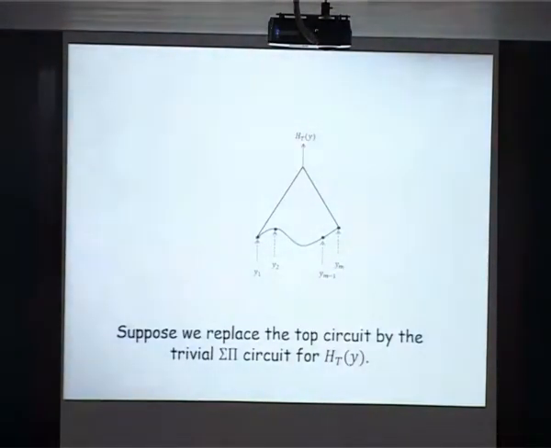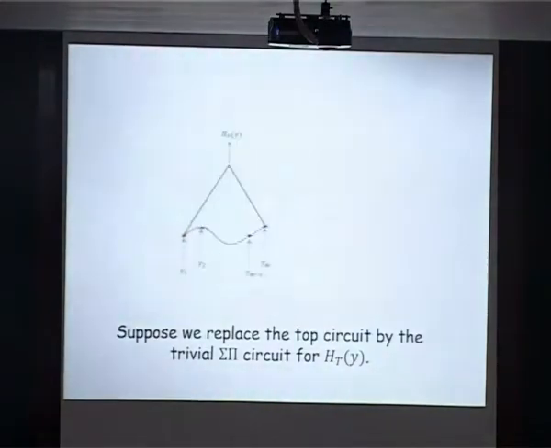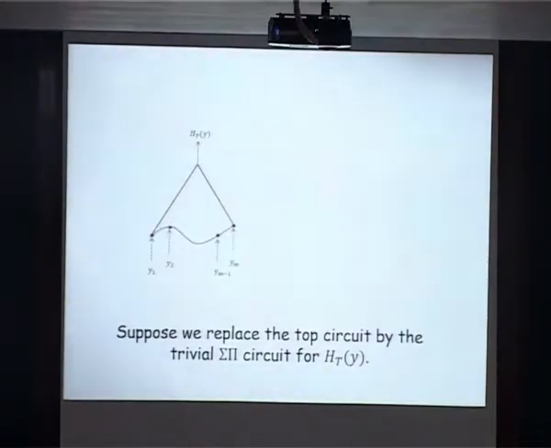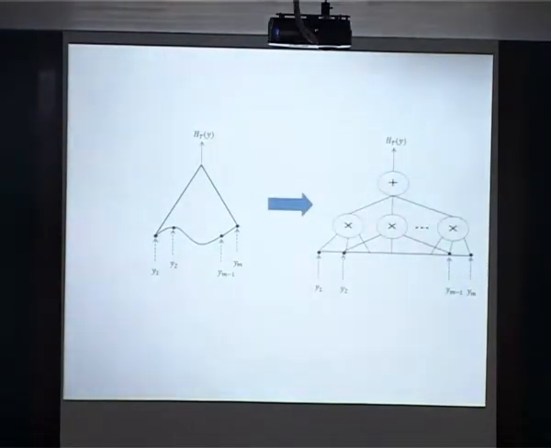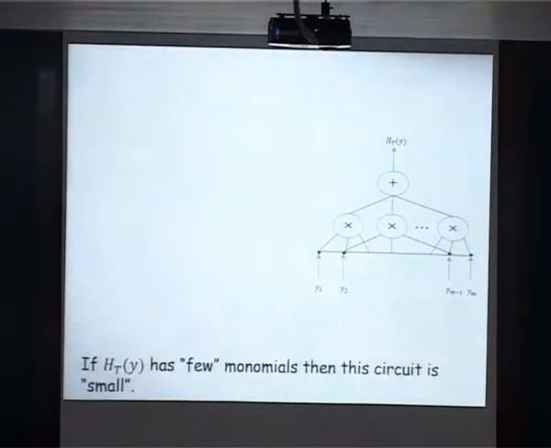Now suppose we do the following. We take this top half, but we just expand this polynomial h of y as a sum of monomials. So we have expanded h of y here as a sum of monomials, and now we replace this top circuit by this depth 2 circuit. So maybe this can reduce the depth.